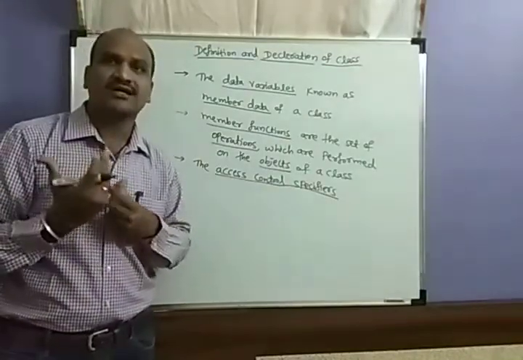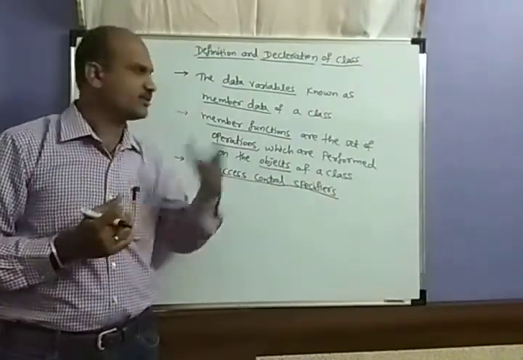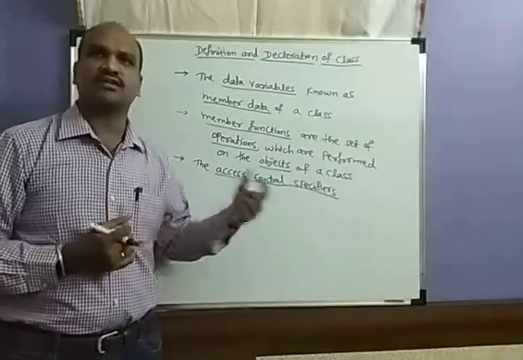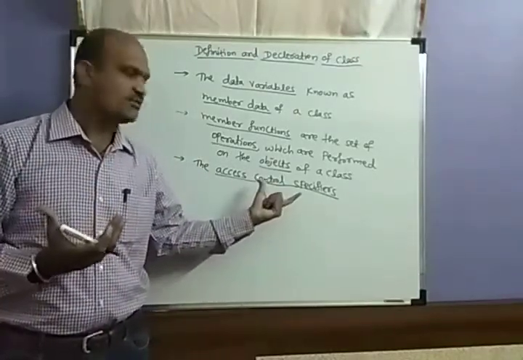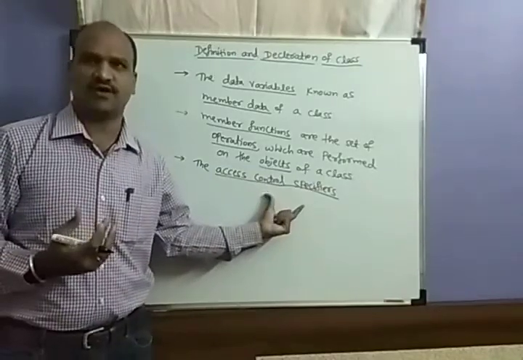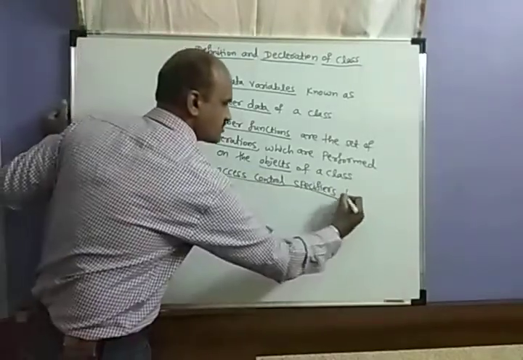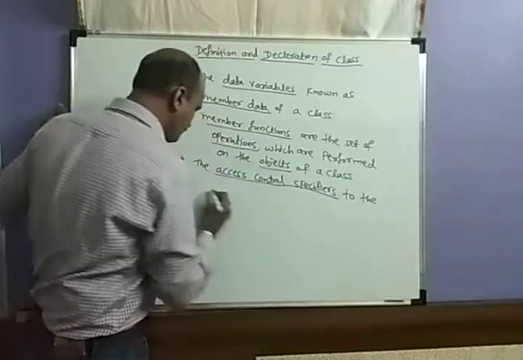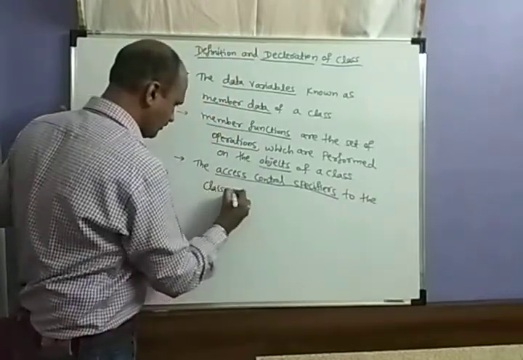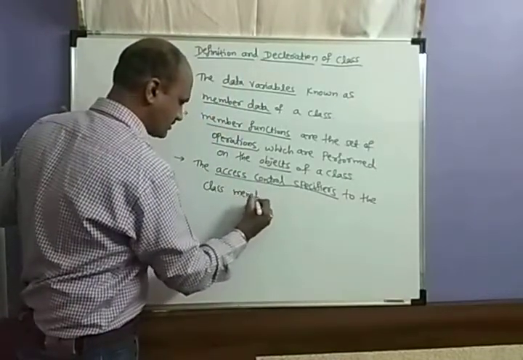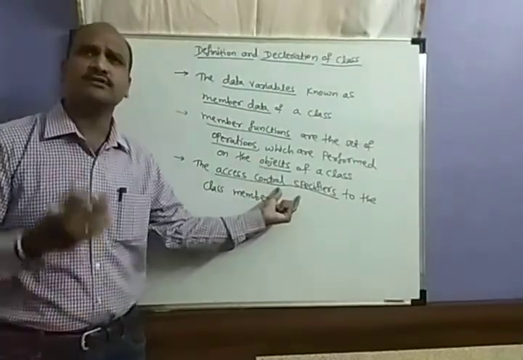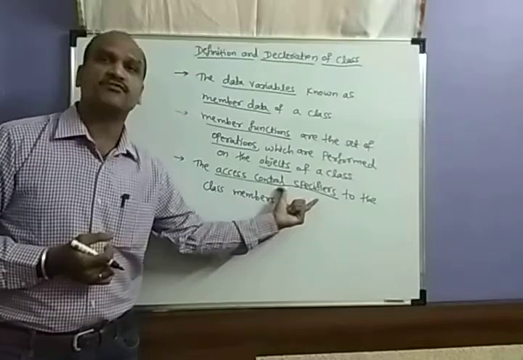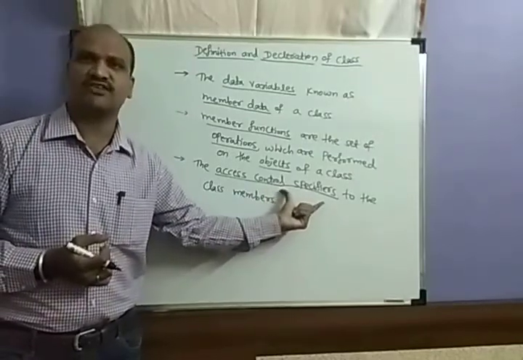They are specified for the class members, whatever you declare in the class within a program. We are defining some access specifiers for the class members. We will discuss them later.